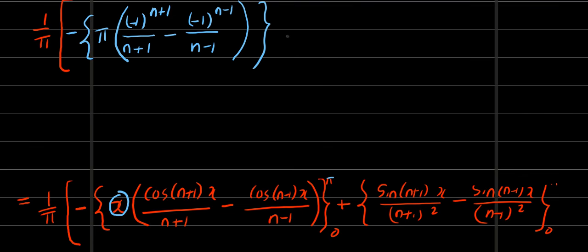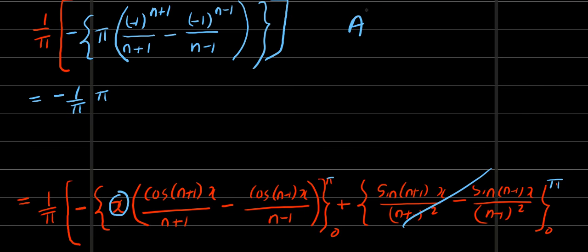And now again good news. The good news is when you put sine (n plus 1) into pi or (n minus 1) into pi, they will vanish and sine 0 is 0. So the last term will be gone. Now that said, we have to manipulate these quantities a little bit. So minus 1 by pi, and then we have pi, and I'm going to write this.